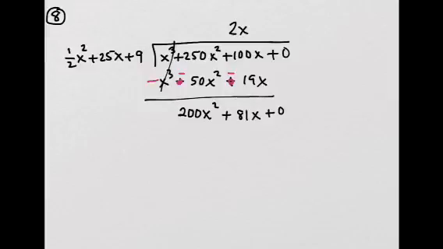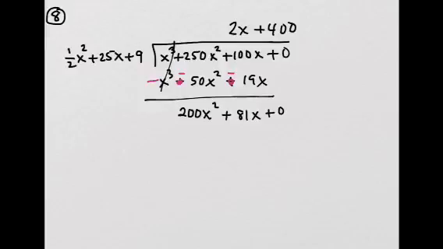And so 1/2 x squared times something has to give me 200x squared. Well, when you divide 200 by a half, not by 2, but by a half, you get 400. So what I'm going to put here is 400, because 400 times 1/2 is 200.